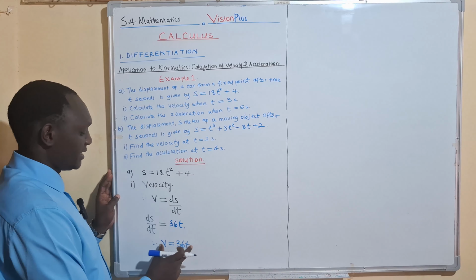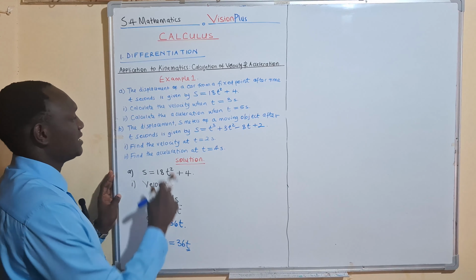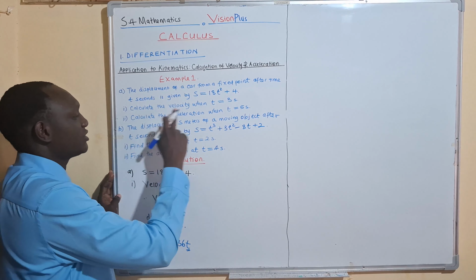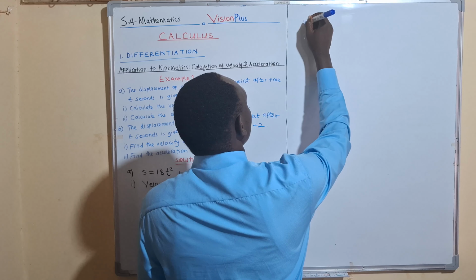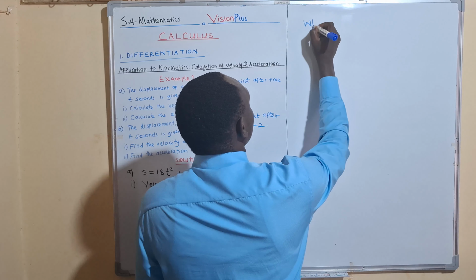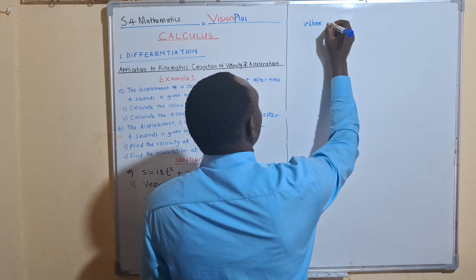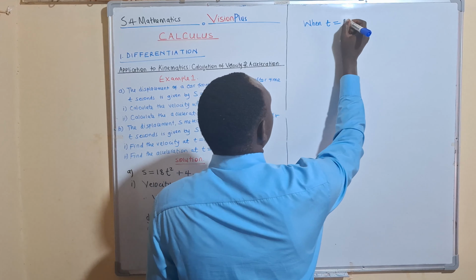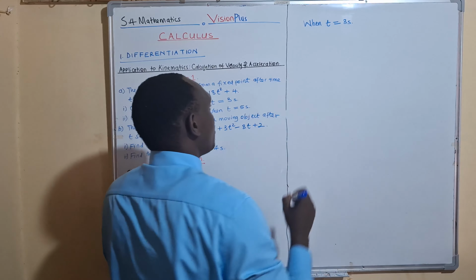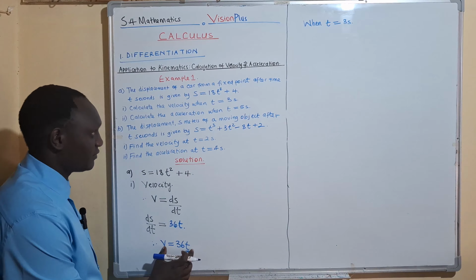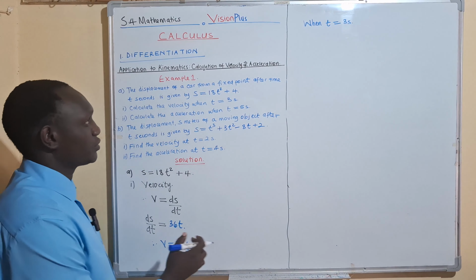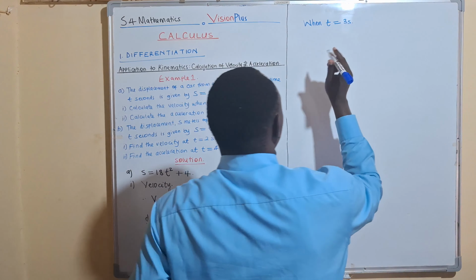But after getting the expression for the velocity, the question asks what the velocity is when the time is 3 seconds. We use the expression for the velocity at any time t to get the velocity at a given time.